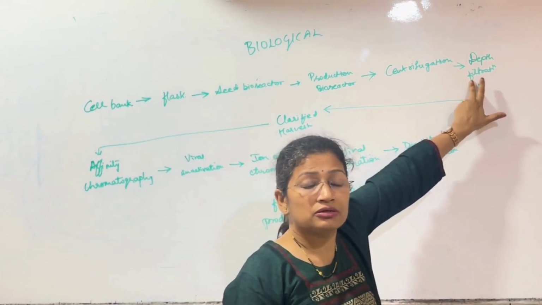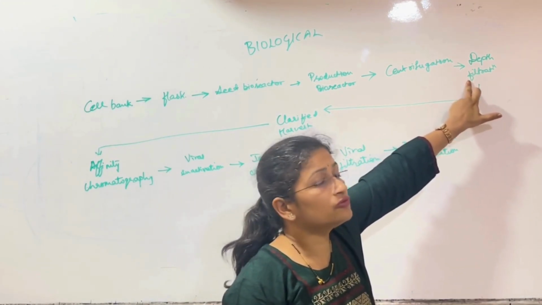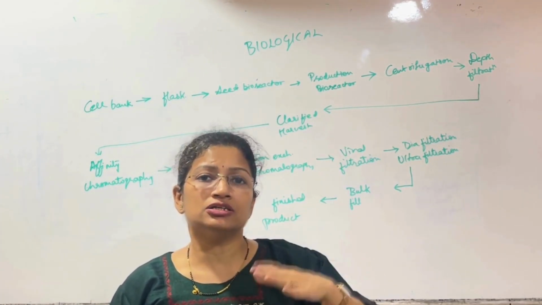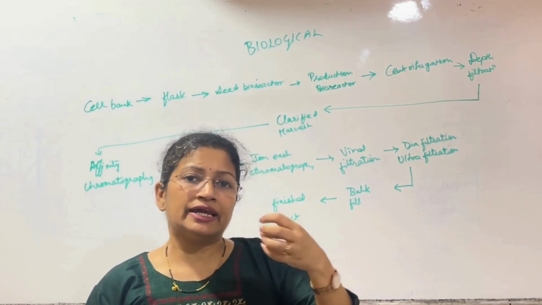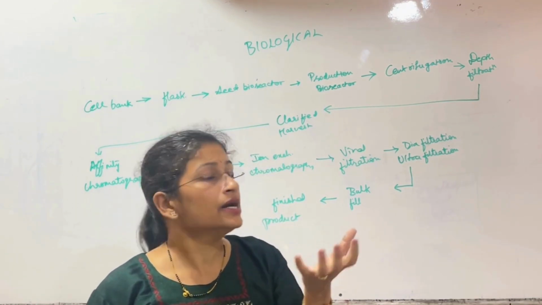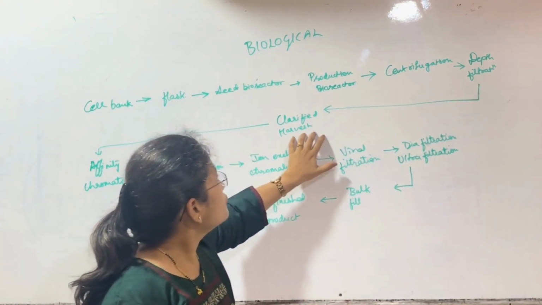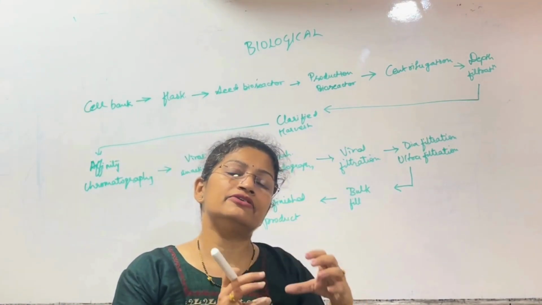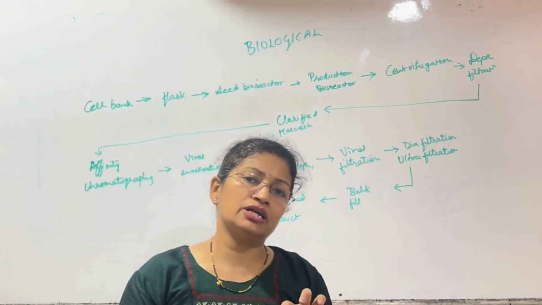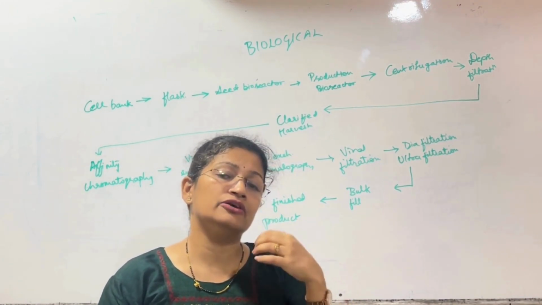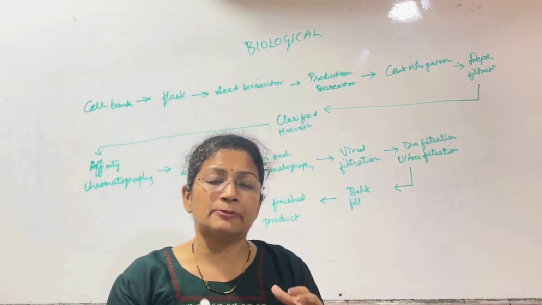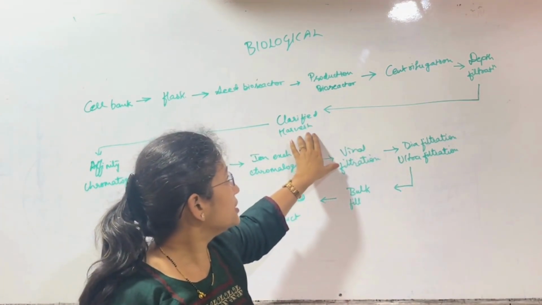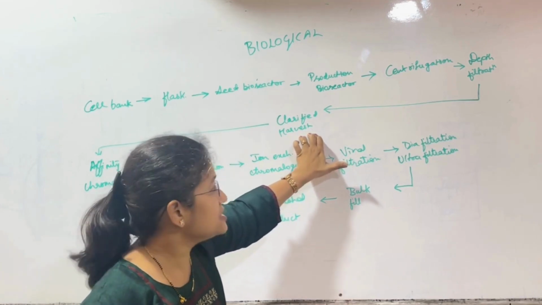Then to filter it further, we will perform depth filtration wherein we will filter the solute and get more concentrated DNA. So now we need to harvest it. Harvest is only the interested DNA or our target DNA, which is the DNA of interest. We need to separate it from the rest of the materials. That method is known as harvesting.